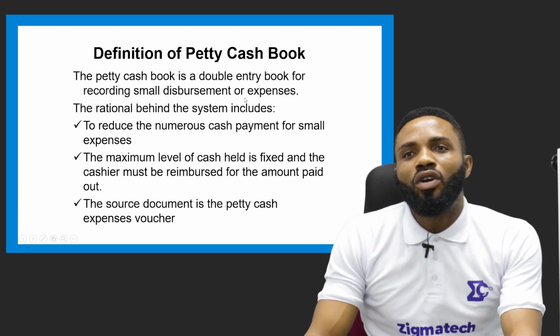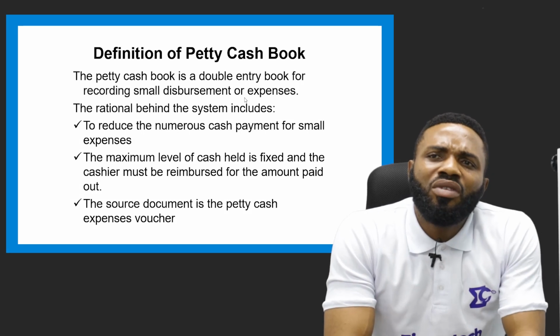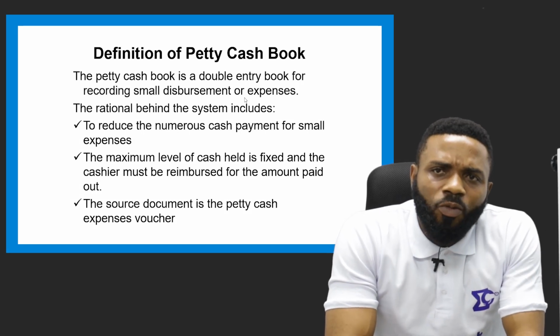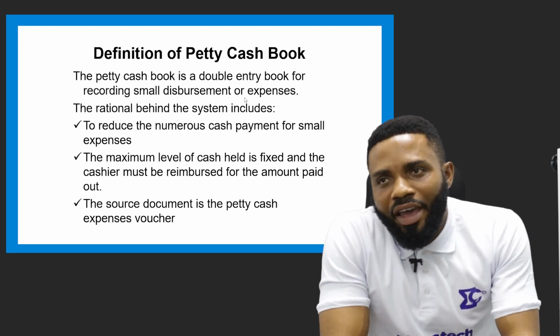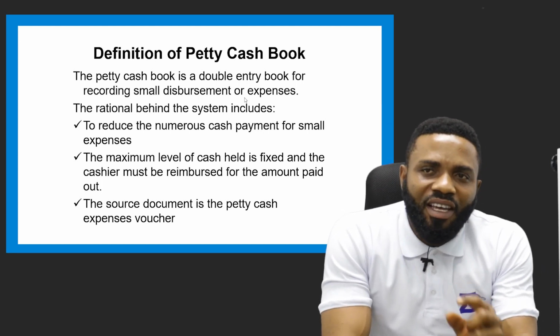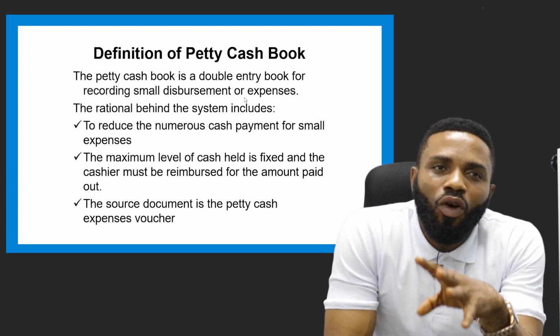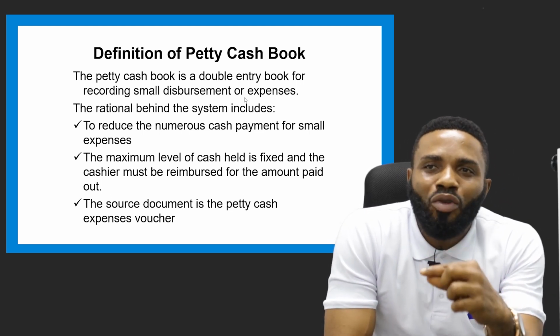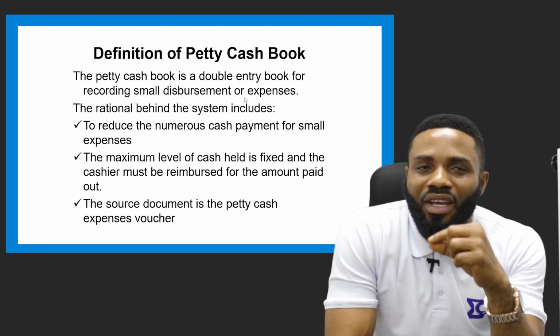Now let's look at what petty cash book is all about. Petty cash book is a double entry book for recording small disbursement or expenses. Now let's emphasize the word petty. When you hear the word petty, it is talking about minor, or another word you can call it is insignificant.